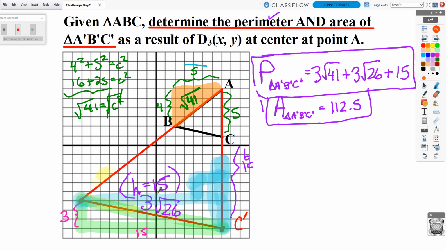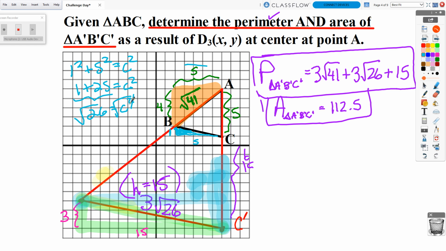Now let's go down here. We've got one more side to figure out, side BC. We have this really little skinny right triangle down in here, barely squeezing in. It has a length of 1, and then 1, 2, 3, 4, 5. Let me clear this off so I can do some Pythagorean theorem. 1 squared plus 5 squared equals c squared. 1 plus 25 is 26, so c squared equals 26.